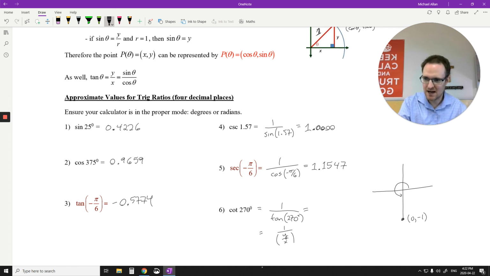So if I were to do the math on the bottom here, so let's put the numbers into this thing. I don't know why this is not working right now. There you go. If I were to put this in here, y being negative 1 over 0, your calculator is going to try to do this math first. It's going to try to do negative 1 over 0, and that's why you get undefined, because you can't divide by 0.